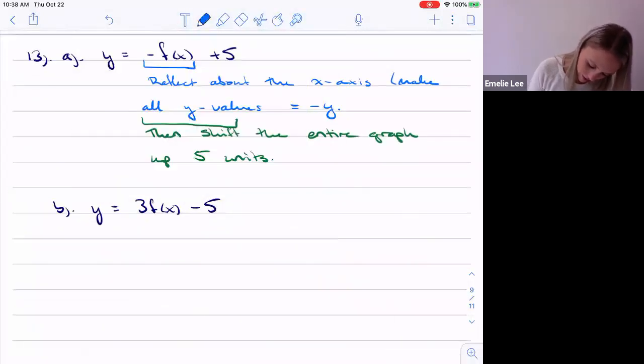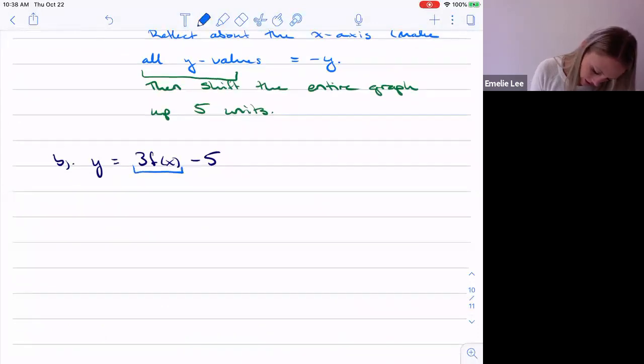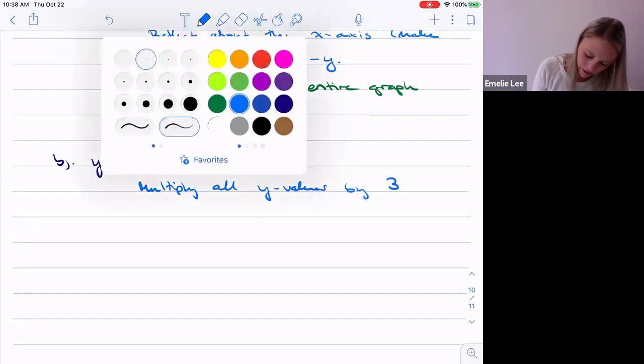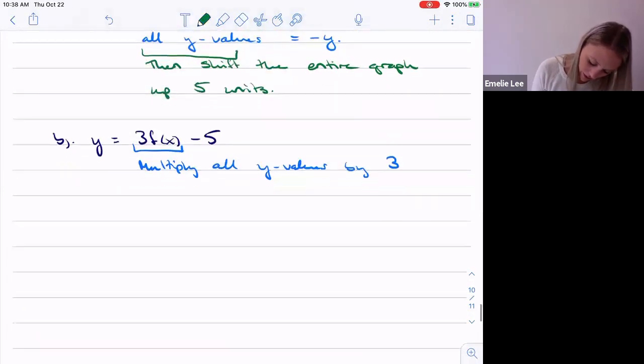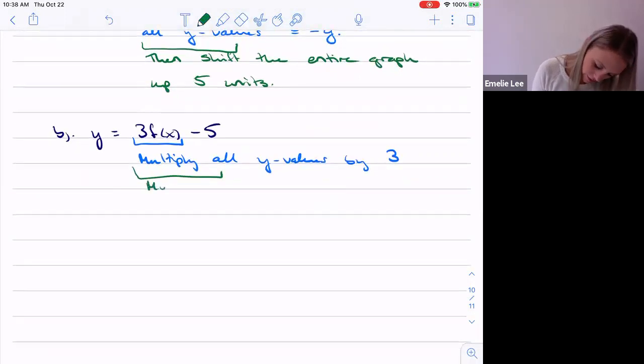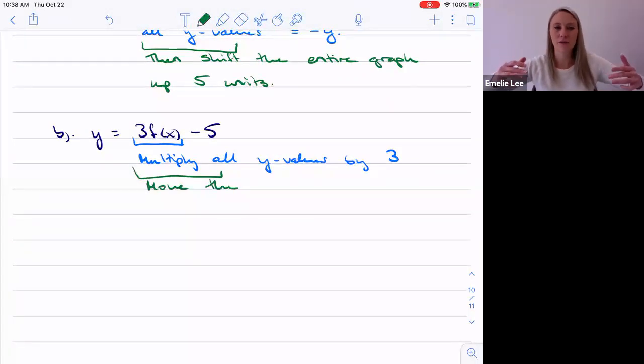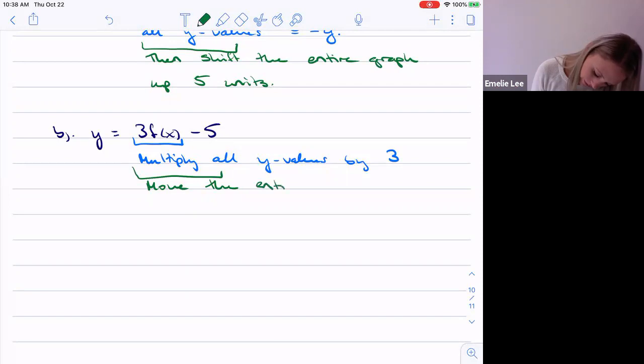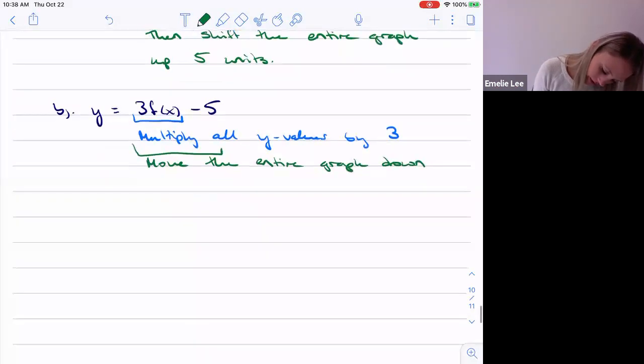The first thing we're going to do here is multiply all y values by 3. And the second thing I'm going to do is move the entire graph down 5 units. Move the entire graph down 5 units. Just wrote 3.